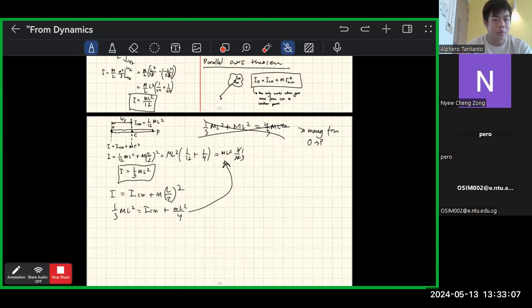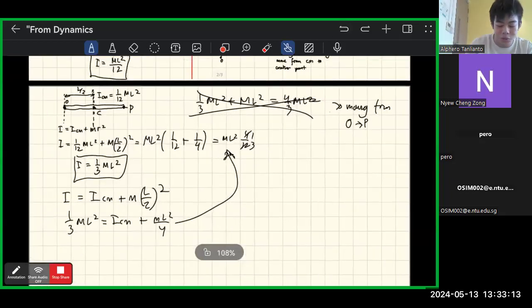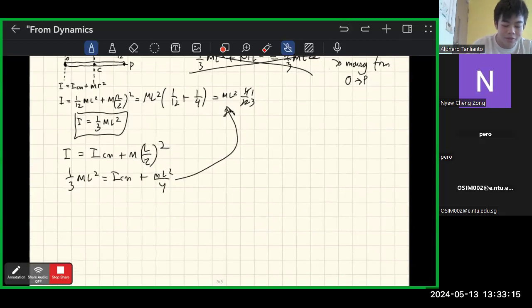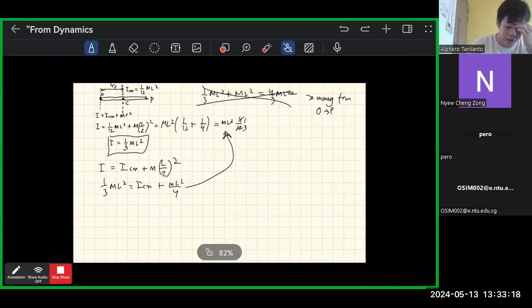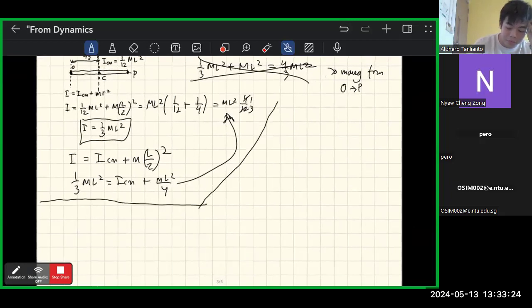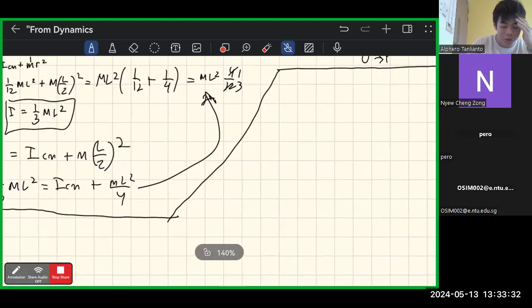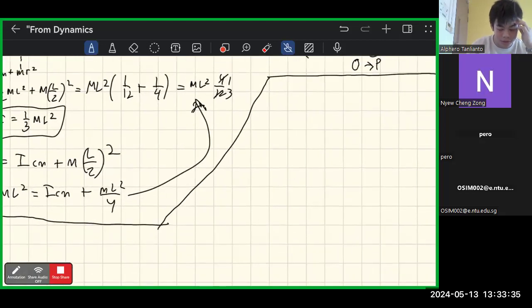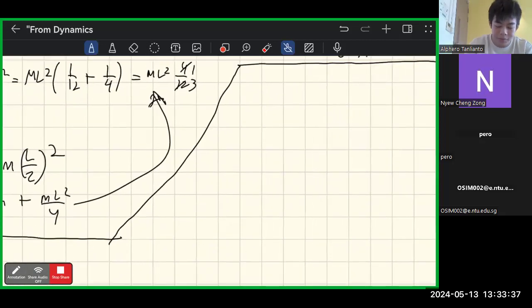Now you understand the parallel axis theorem. I want to explain something that is actually not necessary, but there is a past year paper problem that uses this idea, and I'm not sure if anyone can do it because it's very tricky.